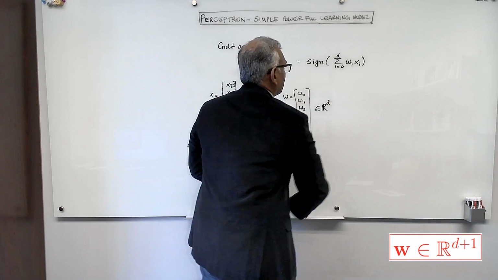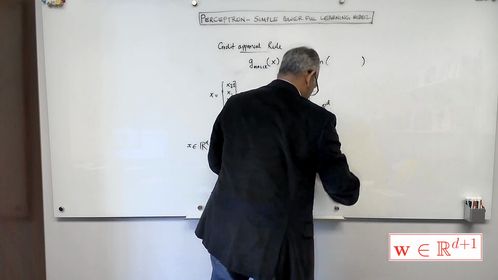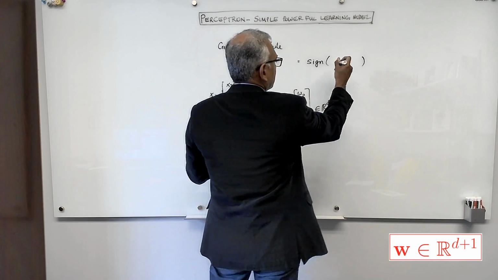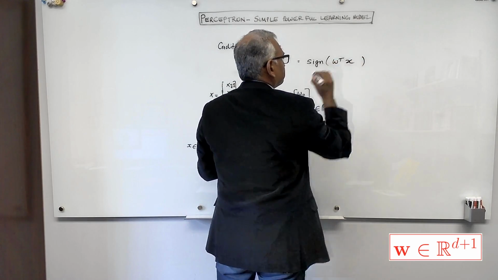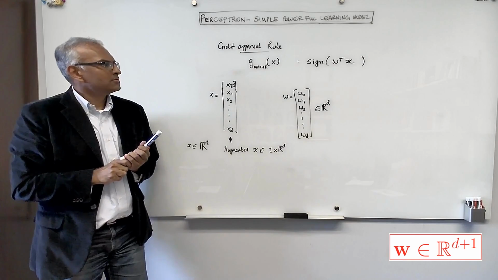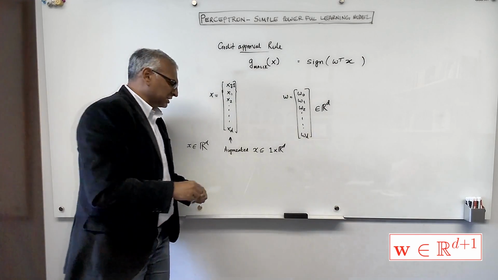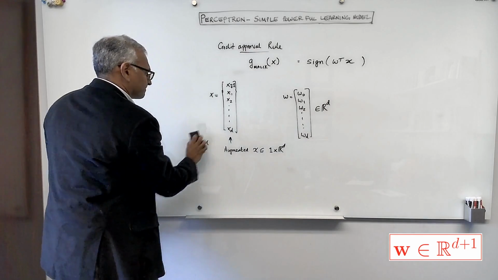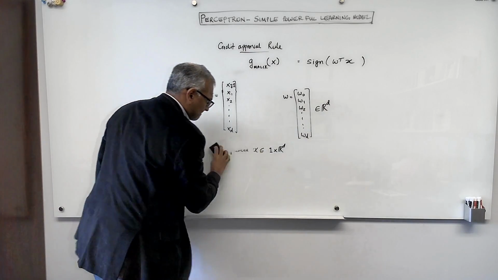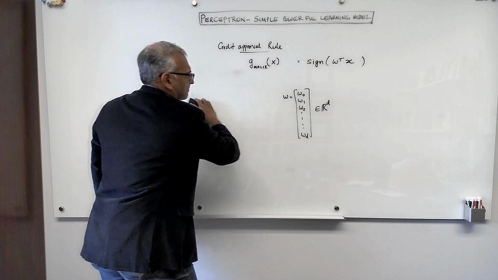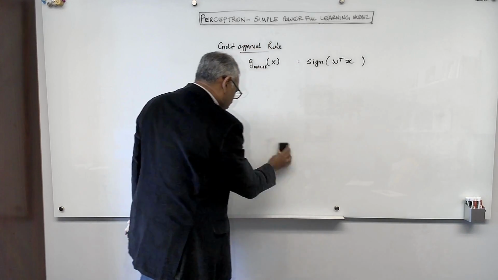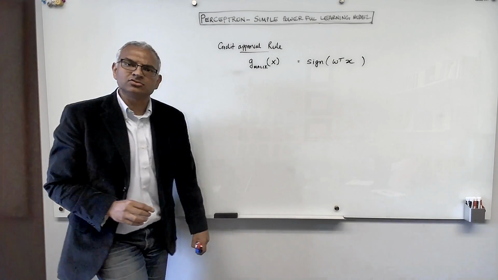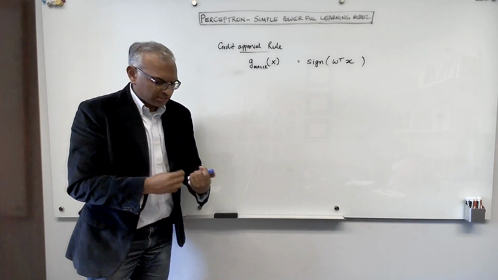So I can replace this sum with the inner product w transpose x. So it's just a little bit more convenient. I don't need to keep writing a sum. It turns out that that convenience also translates into algorithms and so on and so forth. So it's more than just pure convenience.